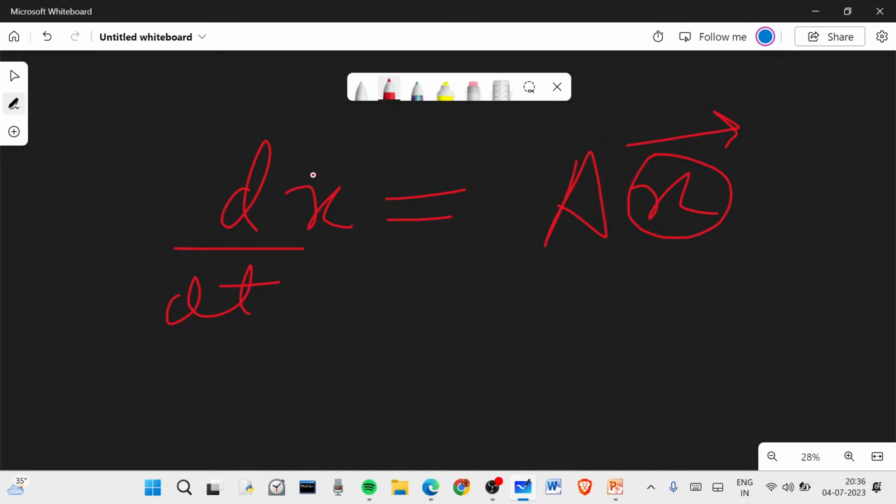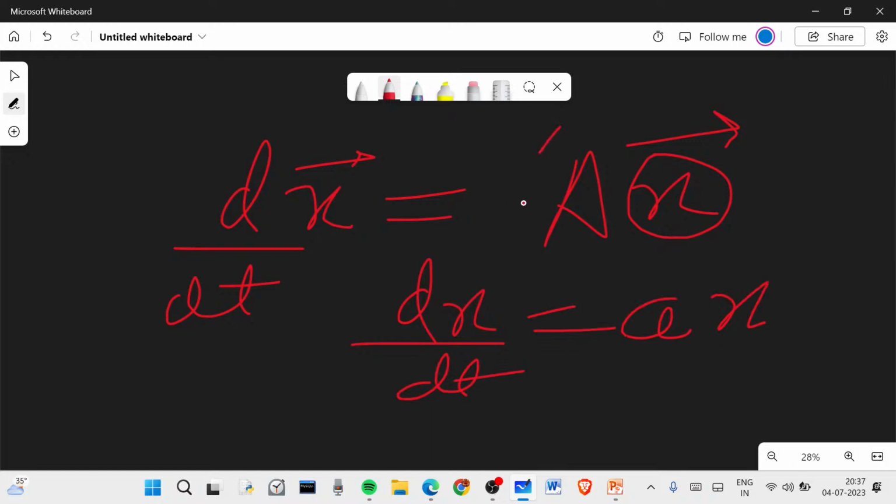Now when it's simple algebra, you would say it's not a very difficult problem. dx by dt is Ax, and here of course A is also a matrix, a transformation of a vector even. You know that multiplication of matrices means transformation, like rotation of x and all.